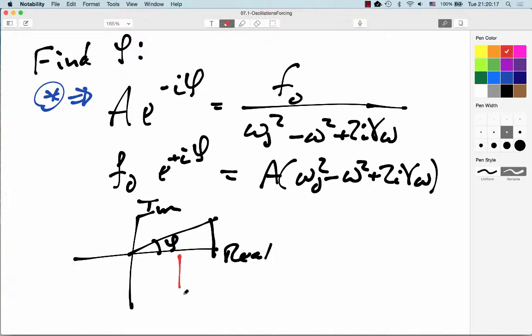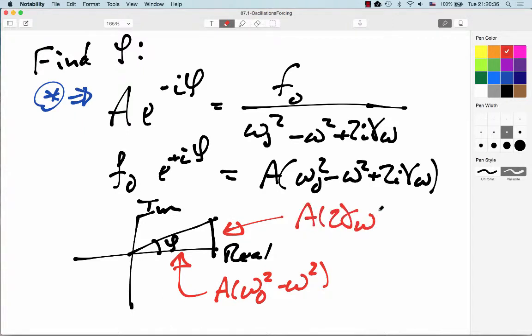This piece here is the real part. That will be equal to A times omega naught squared minus omega squared. And then here's the imaginary part. So that'll be A times 2 gamma omega.